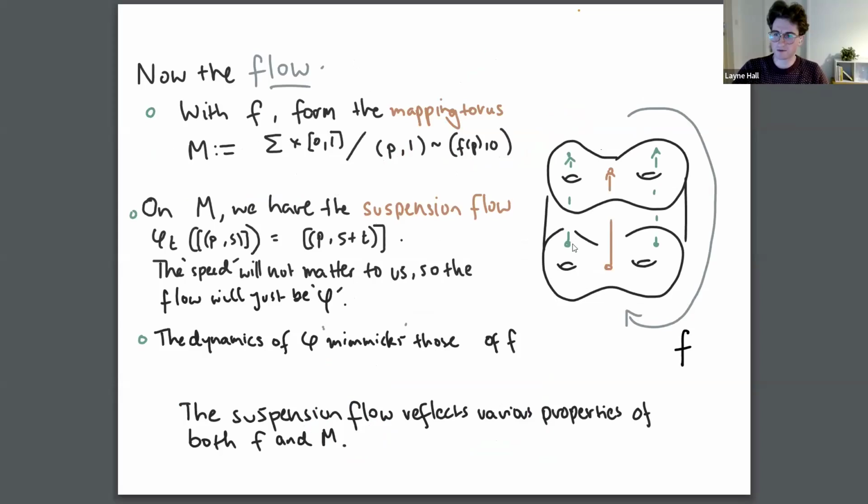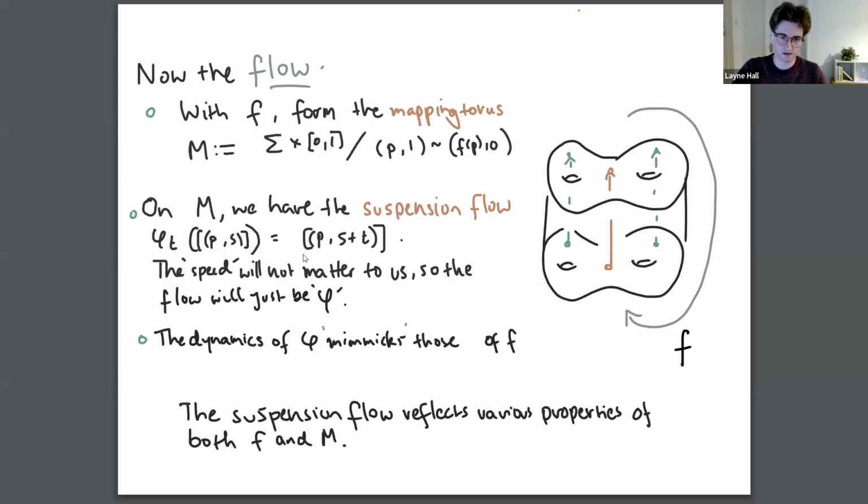But it also comes with a lovely flow as well, packaged in with the way that we built it, right? So on M, we have a flow where we can just sort of pick a point on our surface and walk directly upwards. And then when we get to the top, we follow back around, and either we go pretty much everywhere or eventually we close up, such is the dynamics of this flow.